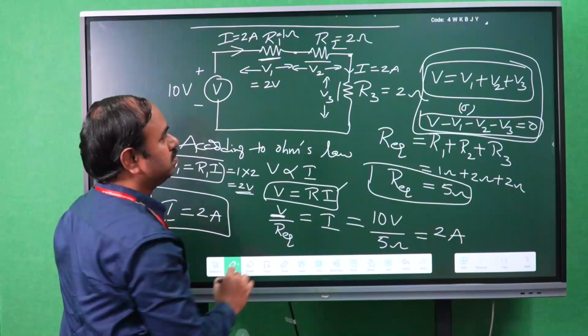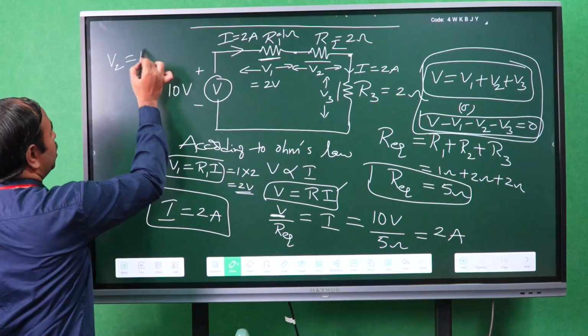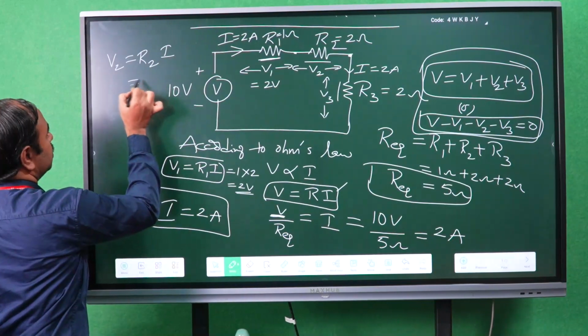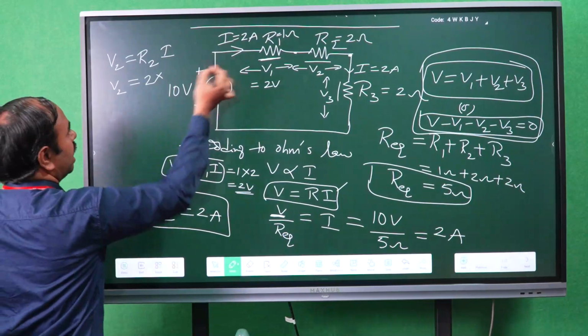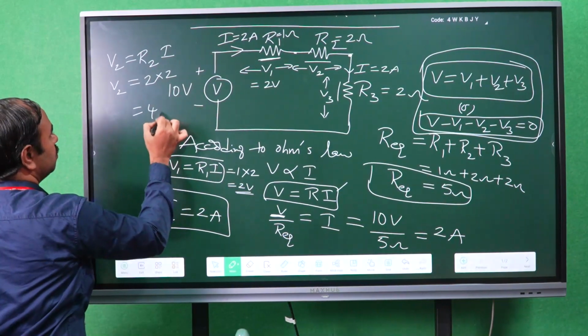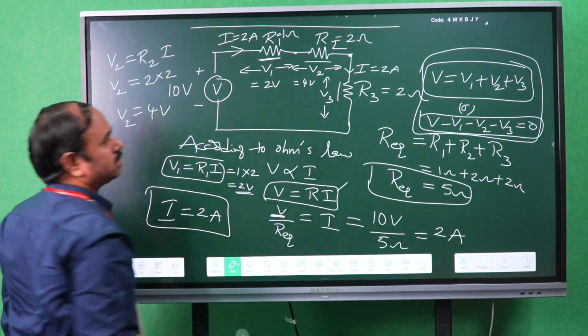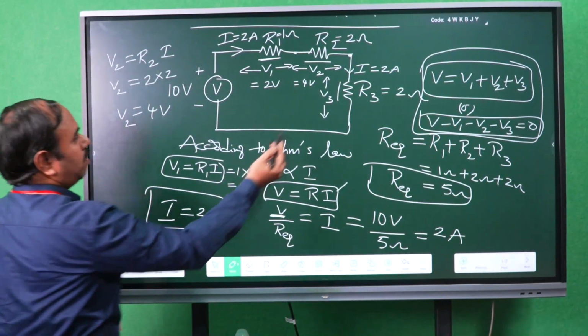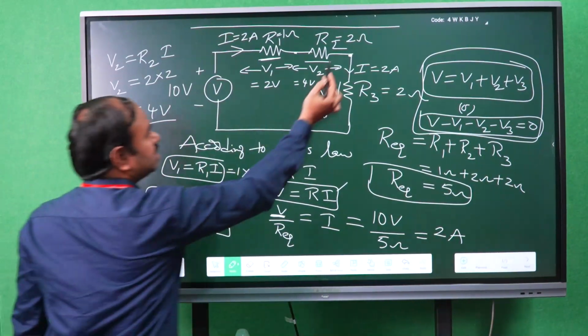Similarly for V2. So V2 is equal to R2 into I. R2 value is 2 ohms, current I is 2, so it is 4 volts. So V2 is 4 volts. Then what about V3? Same formula. Why? Because the value is the same.